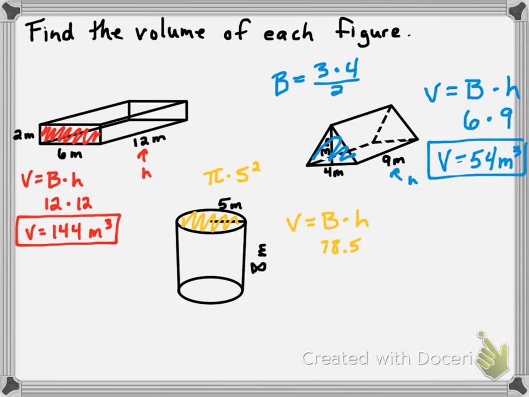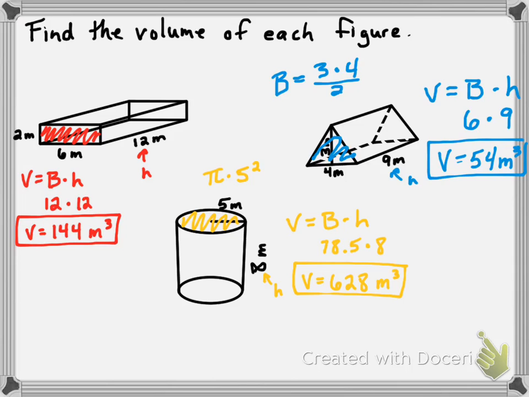Then if this is my base, then my height is perpendicular. So that means that my height is 8 meters. So 78.5 times 8. So the volume is 628 meters cubed.